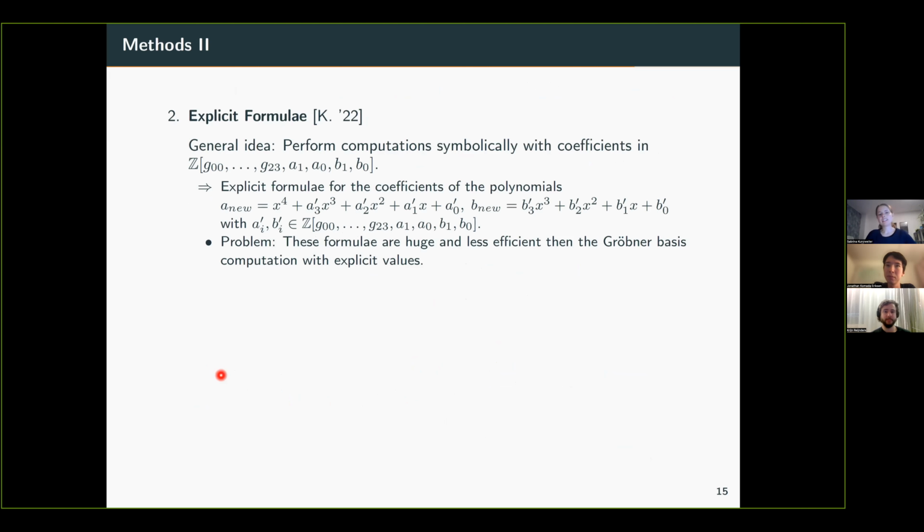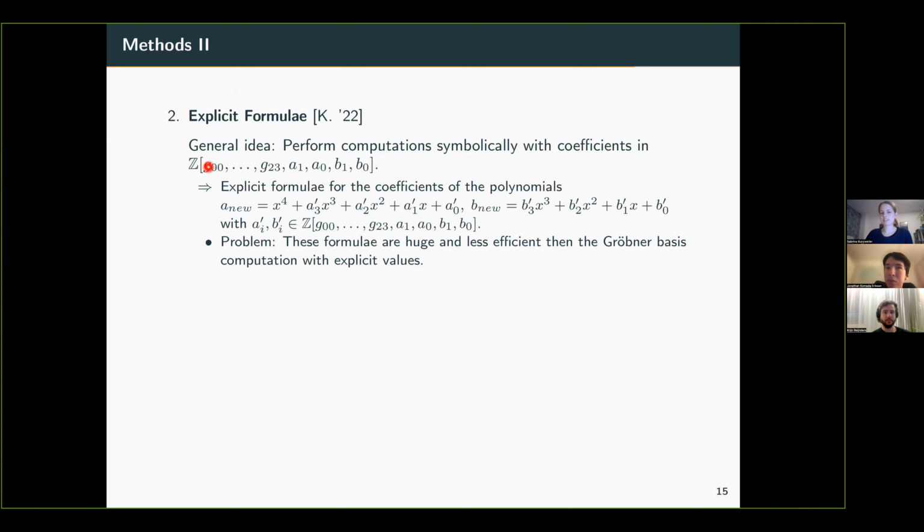So the second idea would be to find explicit formulas. Maybe the general idea is that one can just use the approach 0 that I described in the beginning, the algorithm, but do all the computations over a symbolic ring.